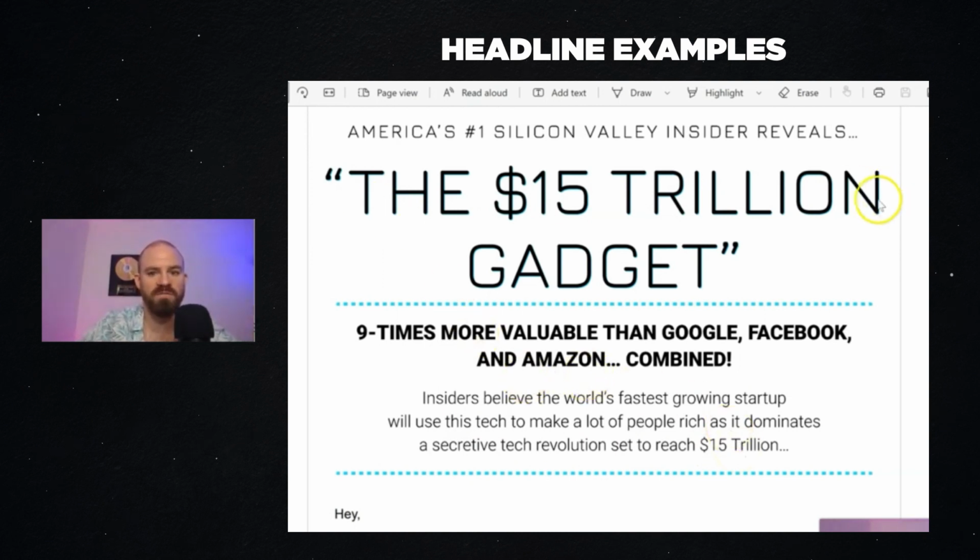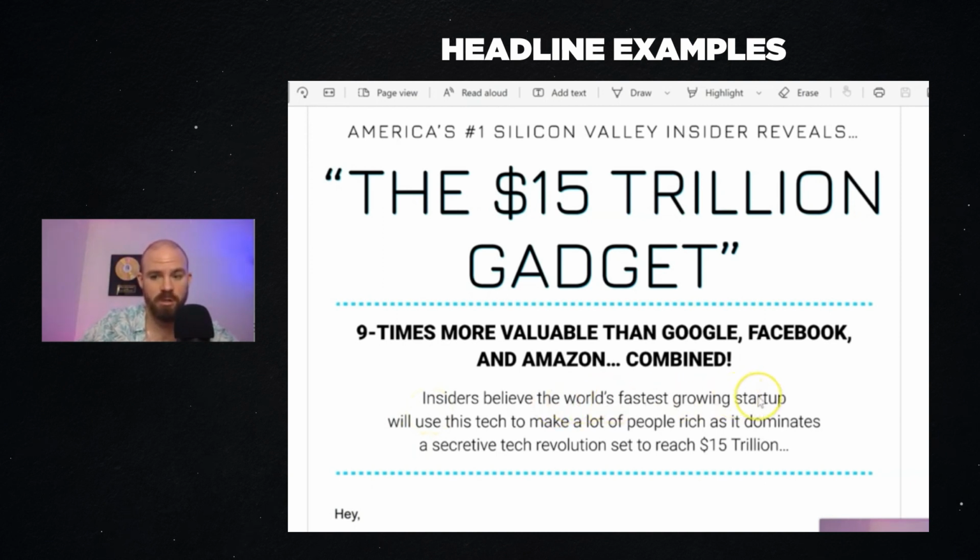Do you know any $15 trillion gadgets? It's unique just de facto because it has that quirky element in there. Is it useful? Yes, it's useful, and it's a little bit more subtle. It says this tech will make a lot of people rich. If you invest in this, it can make you rich. Is it urgent? Yes, I would say it's urgent because there are 2 things that hit a subtle urgent factor here.